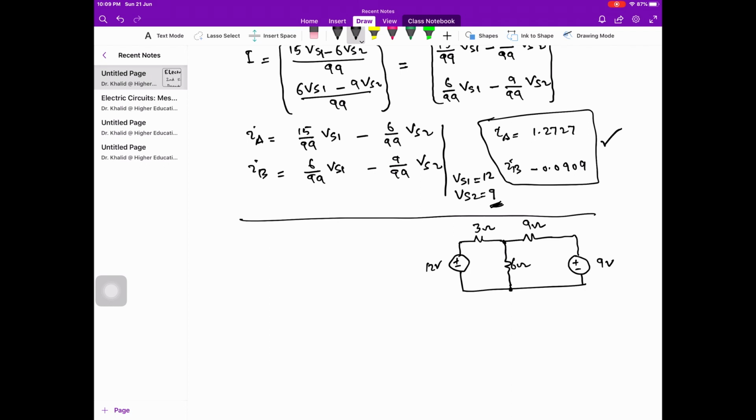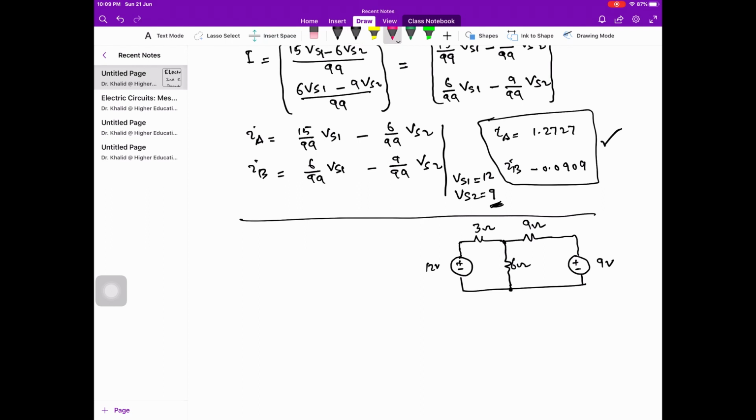As I said earlier, the direction of mesh currents, first of all I have to draw it properly, a circle over here.